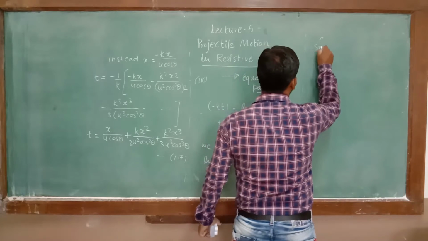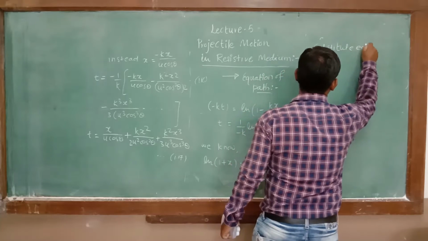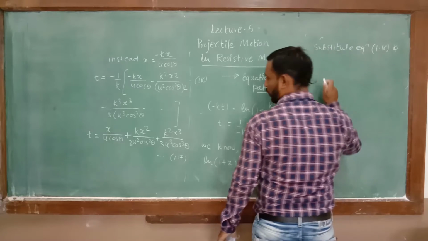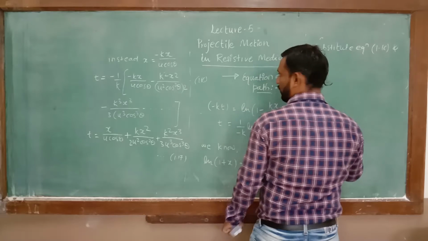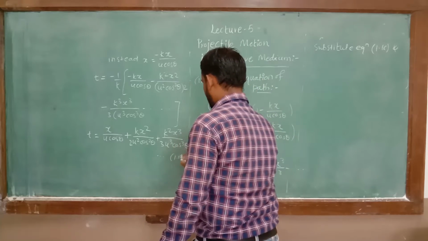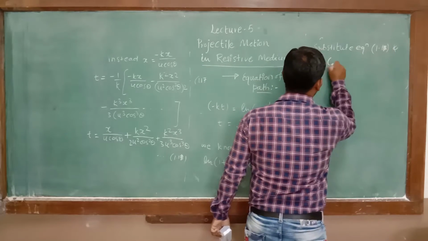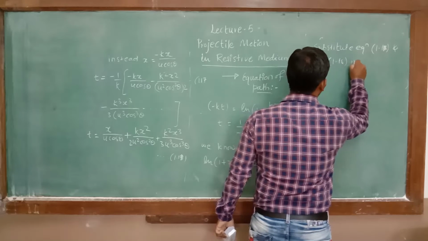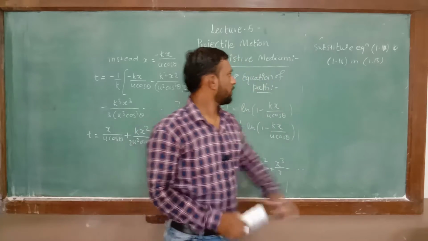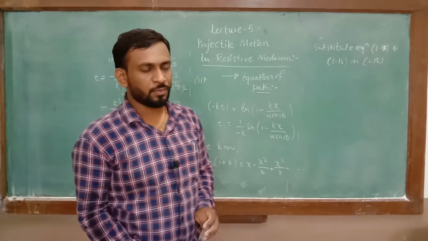So substitute equation 1.16 and 1.17, or so this is equation number 1.17, this is 1.18, so equation 1.16 and 1.18 in equation number 1.15. That is the equation of the projectile along the vertical direction. So what is the form of this equation?